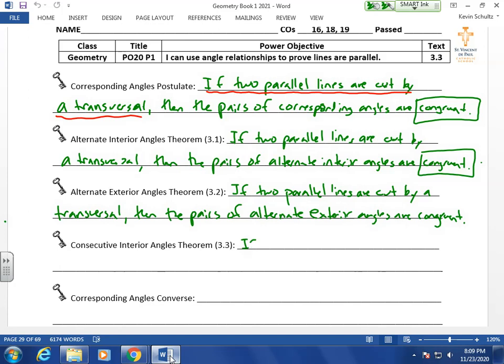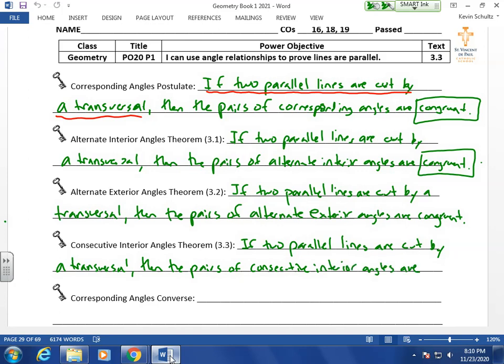And then consecutive interior angles theorem. If two parallel lines are cut by a transversal, then the pairs of consecutive interior angles are something different, some variety, supplementary, right?